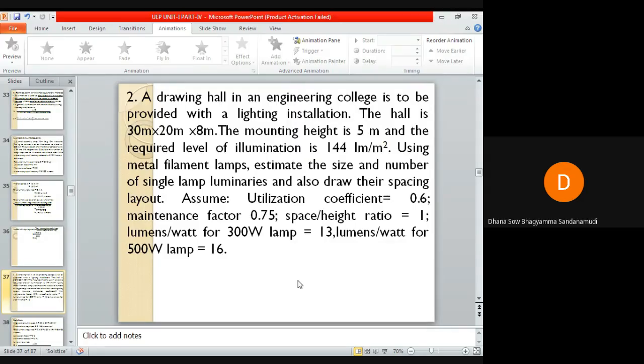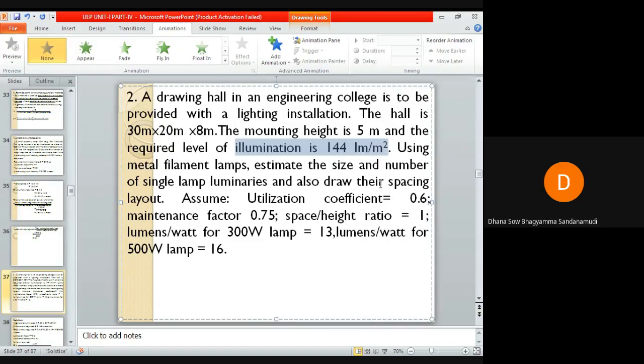The length of the hall is 30 meters, the width of the hall is 20 meters, and the height of the hall is 8 meters. You must mount the lamps at a height of 5 meters, and the level required for illumination is 144 lumens per meter square.